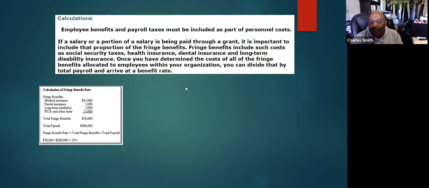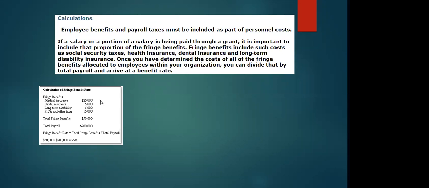So now you have 50% for your program, because you got 25% for your fringe benefits and another 25% that's going to overhead. Now keep in mind, these fringe benefits are still part of your program service. This is not really administrative costs.